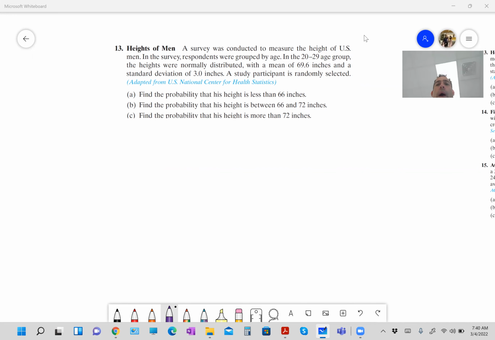Now, guys, quickly, why would you do it by age as well? What's important about doing the heights by age? Different generations. You want to compare heights from different generations to see if there's an upward trend or downward trend. Well, it depends.